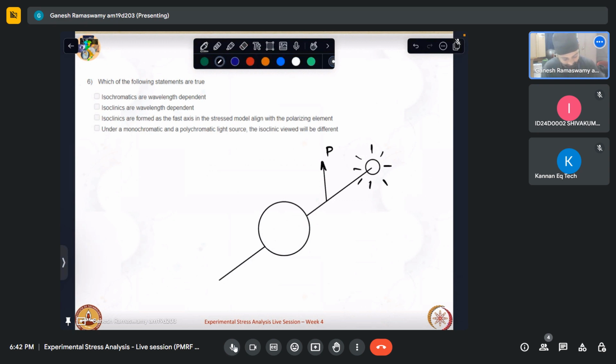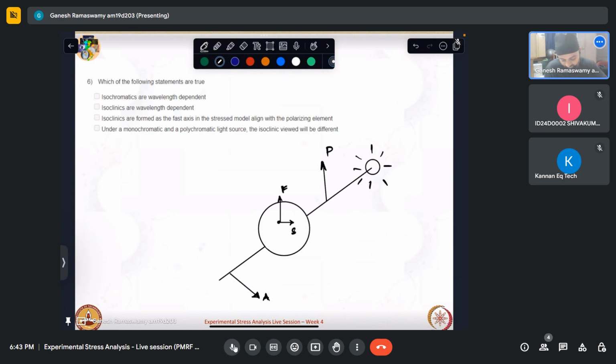So here we are looking at some general point. And I have my analyzer like this, which is crossed, which is a crossed polarizer. Now let us say that at this point, the actual fast and slow axes are like this, fast and slow.